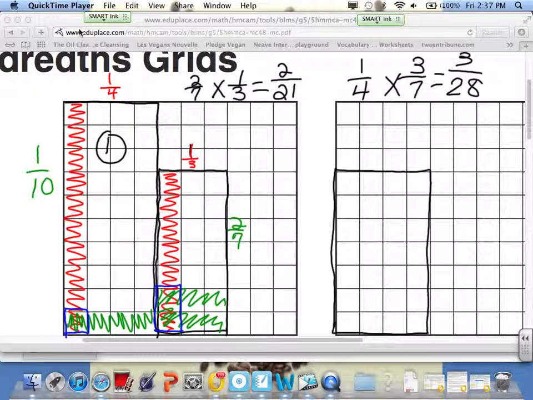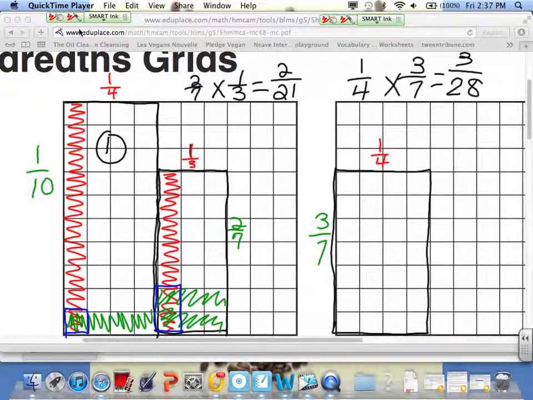I just usually go up, that's how I do it. So this is the 1/4 side. So I have 4 there. This is the 3/7 side.